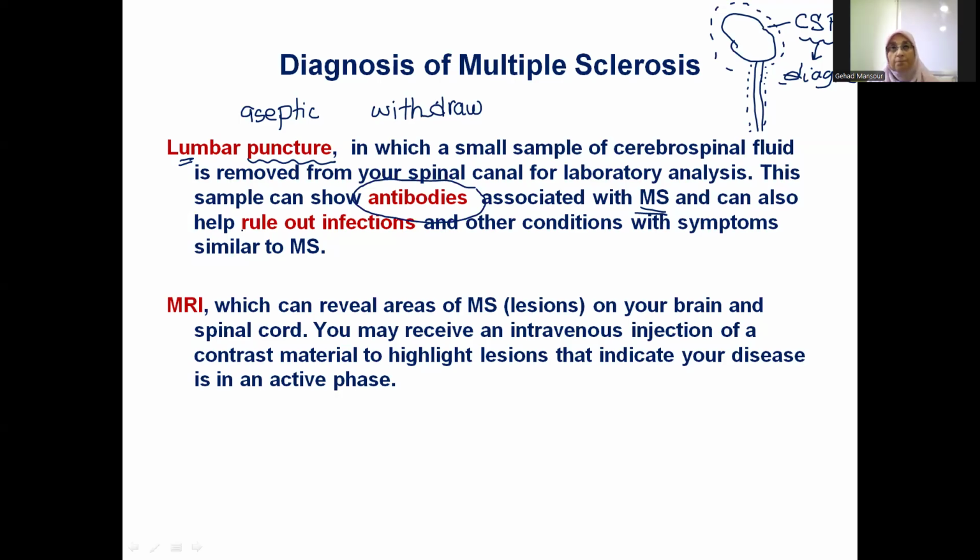Furthermore, you can confirm or rule out infections of the spinal cord or of the brain because there are certain infections that might give similar symptoms to multiple sclerosis.